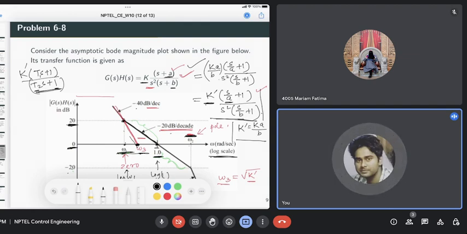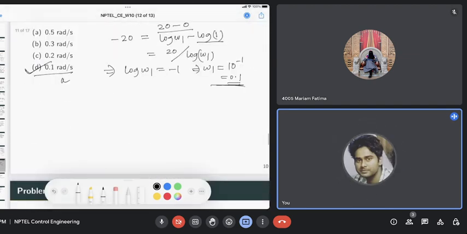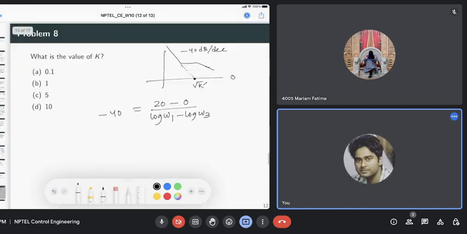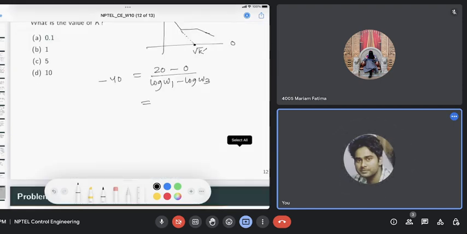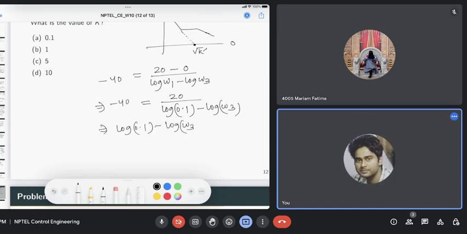Omega 1 we already computed as 0.1, so we'll substitute that. So 20 over log 0.1 minus log omega 3, which we want to compute, and we can write log 0.1 minus log omega 3 equal to minus half, right?